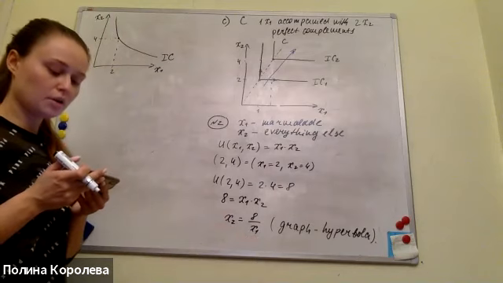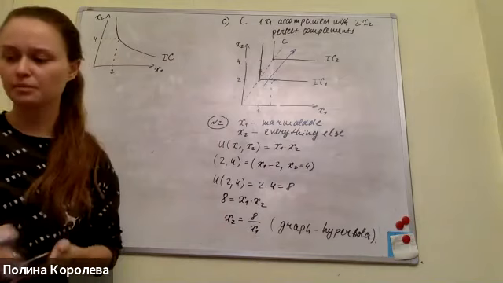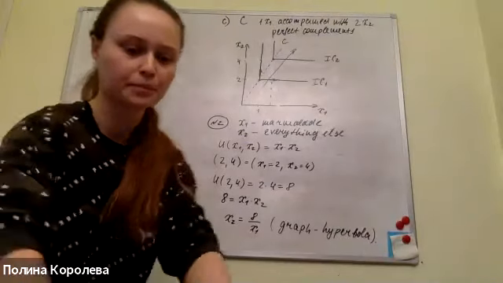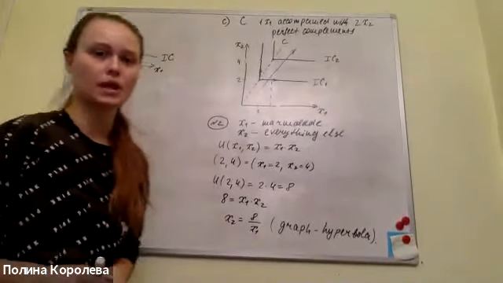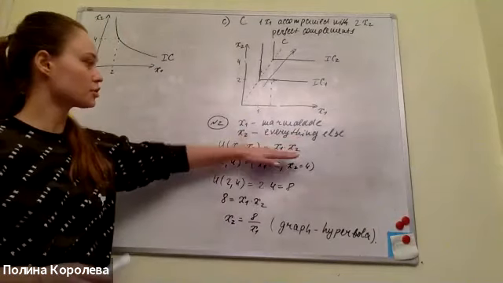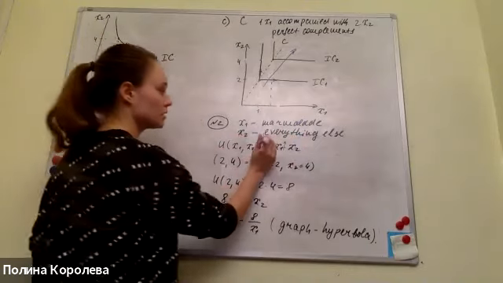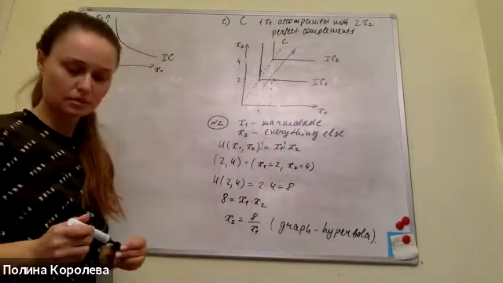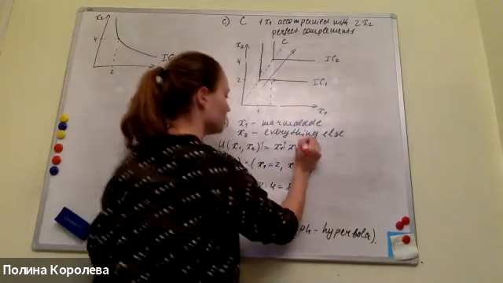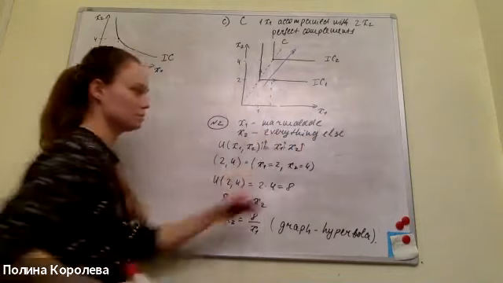On your graph, highlight all consumption bundles that are at least as good as 2, 4. What should I shade? At least as good as. We see from the utility function that more marmalade gives us a higher level of utility. Yes. And at the same time, more of everything else gives us a higher level of utility.